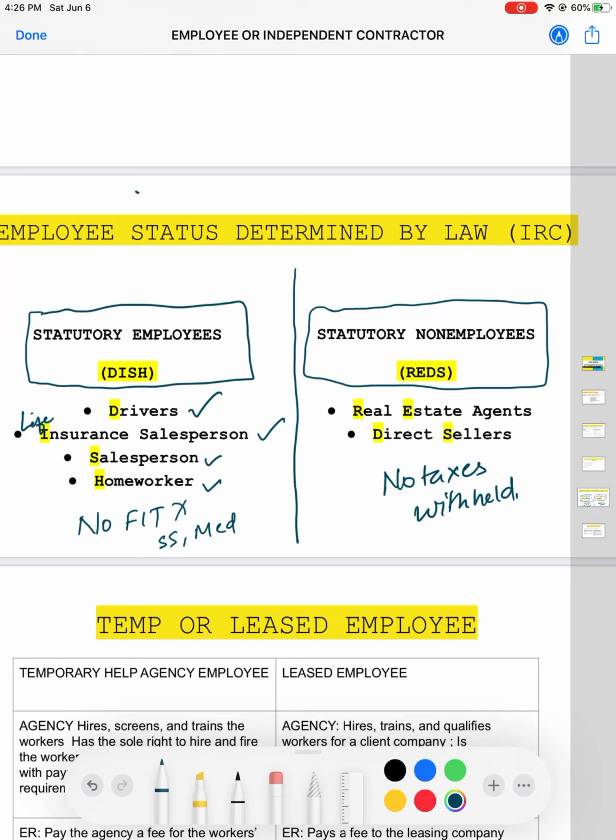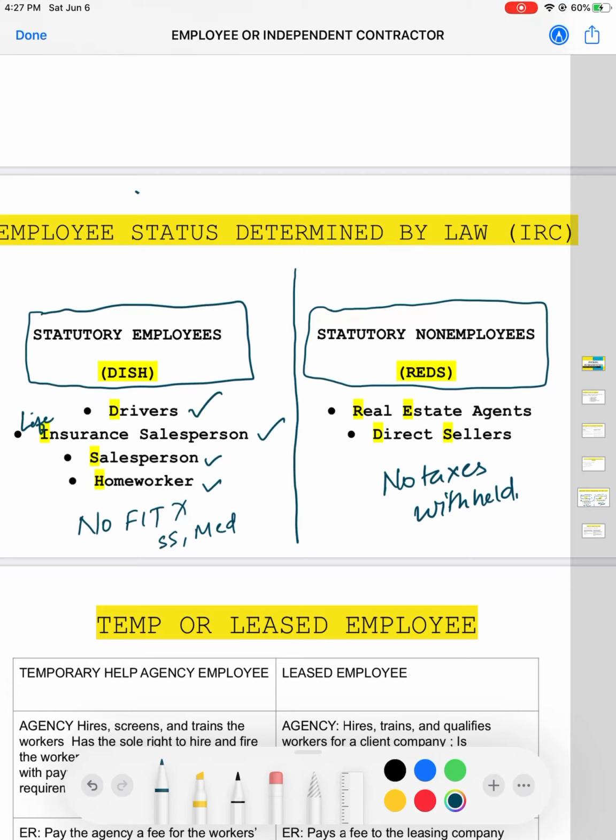So just remember, DISH is for statutory employees, REDS is for statutory non-employees. If the worker is a statutory non-employee, employer will not withhold any taxes.